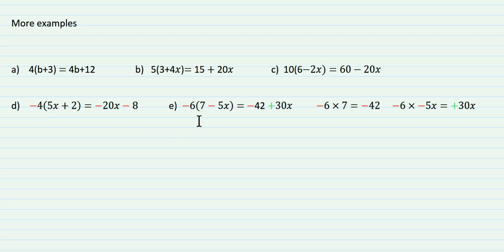Okay, here we have a negative 6 and we have a 7 minus 5x. Now minus 6 times 7, we have a negative on a positive number, so it's going to be negative. Signs are different, so it's going to be minus 42. That's where I got this from. Okay, then minus 6 times minus 5x. Signs are the same, they're negative. It'll be plus 30. That's where I got this plus 30 from.